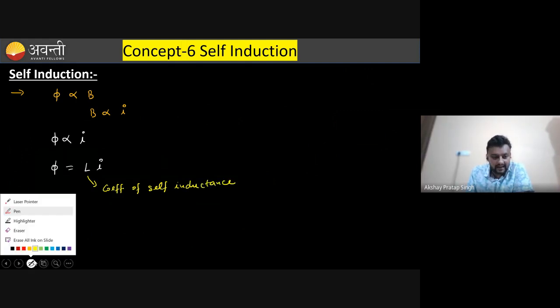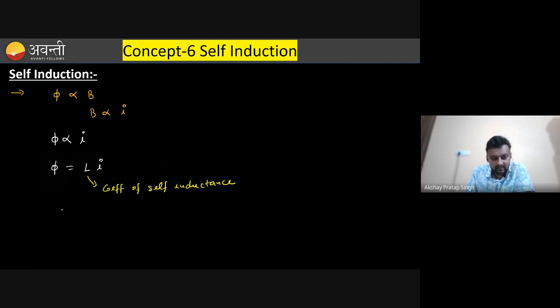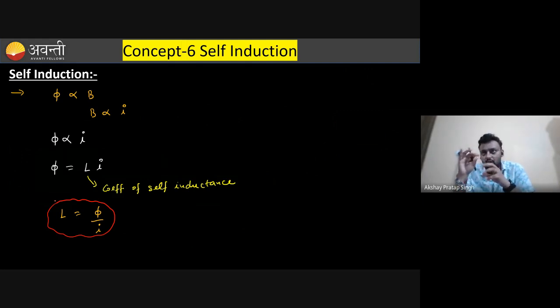Or this L can be written, from the same equation, as phi over I. Make this a golden equation, because most of the time questions come like, what will be the self-inductance of this system? They will give you a system and ask you what the self-inductance is. So you need to be aware of self-inductance.